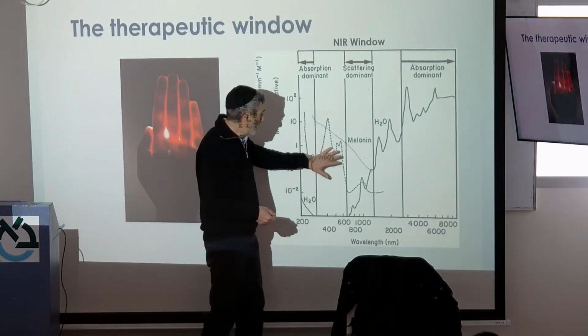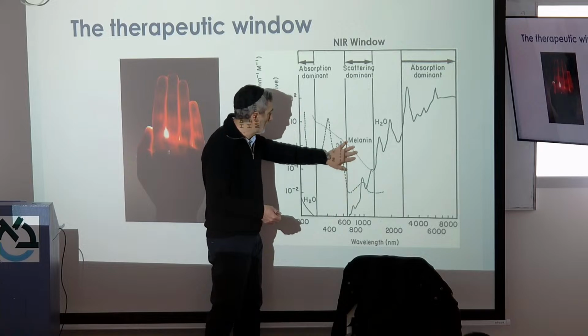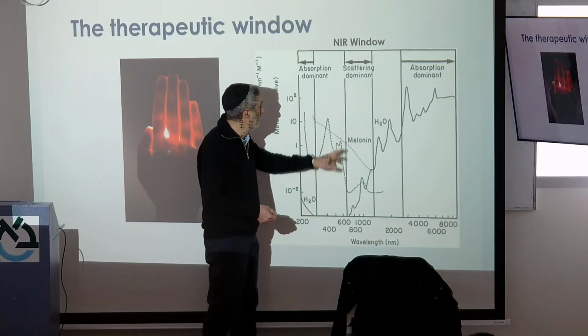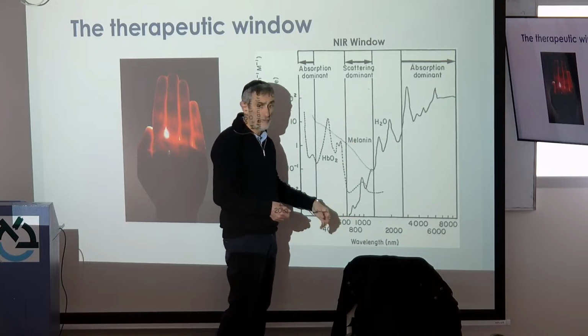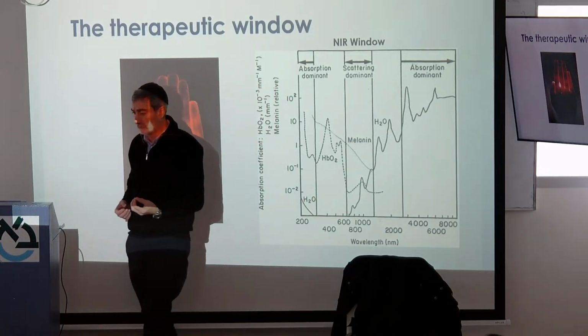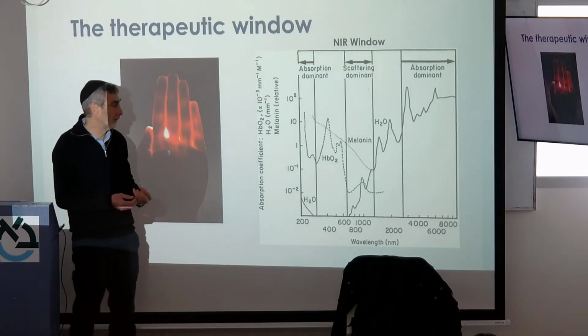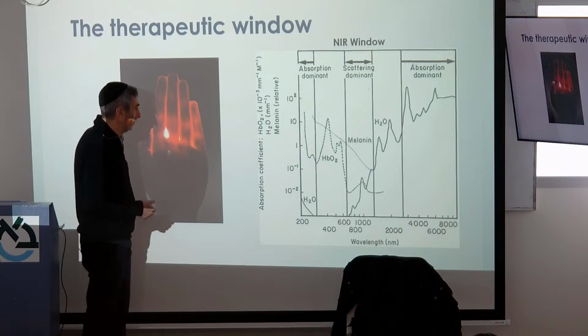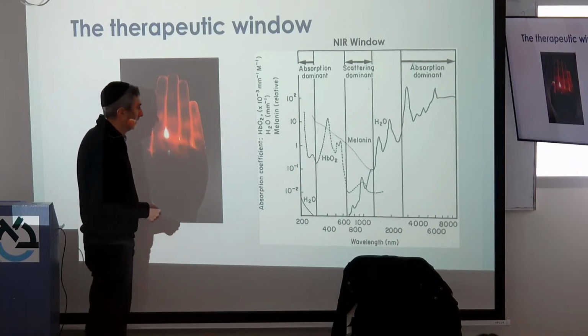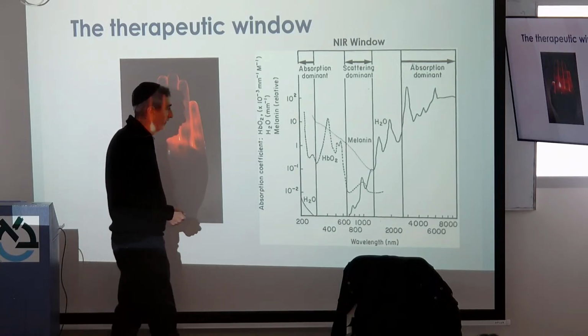But where you have a minimum of absorption for these different elements, the scattering becomes dominant. Why? Because the wavelength is on the length scale of different elements in the body, the cells and all that. So all this is strongly scattering.